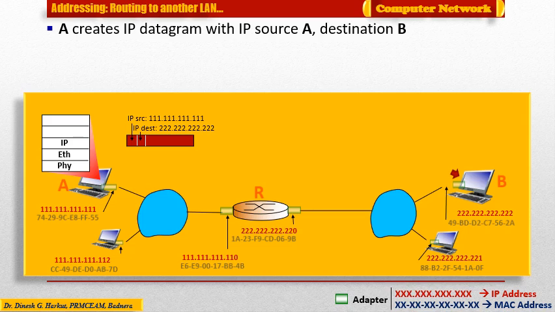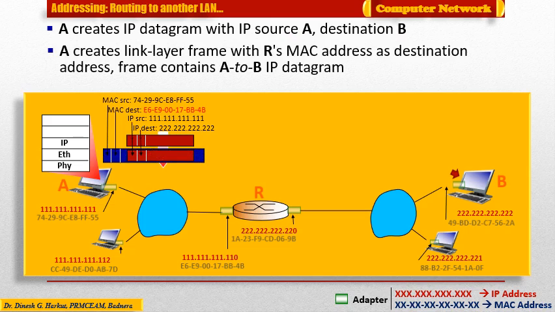Here the obvious answer will be ARP. Here, host A creates an IP datagram with source address A and destination address B, and it simply inserts it into a frame.